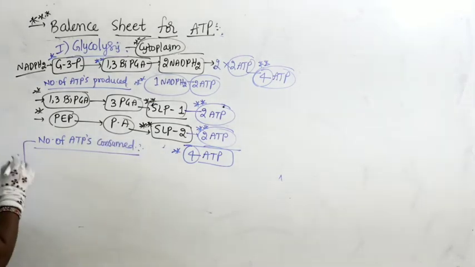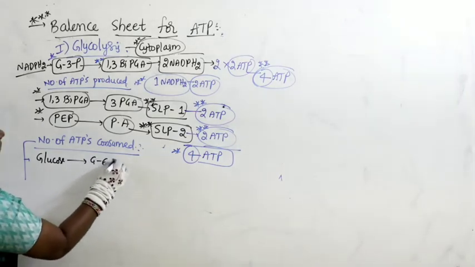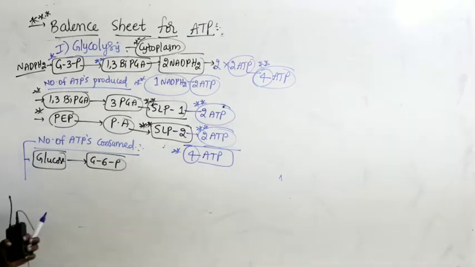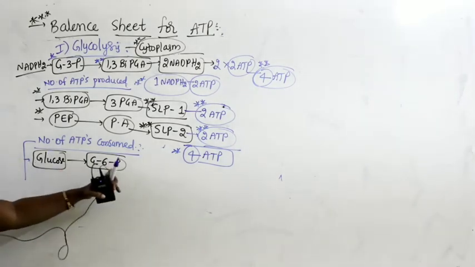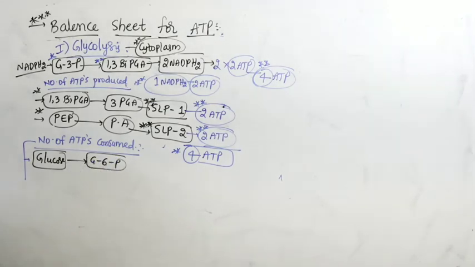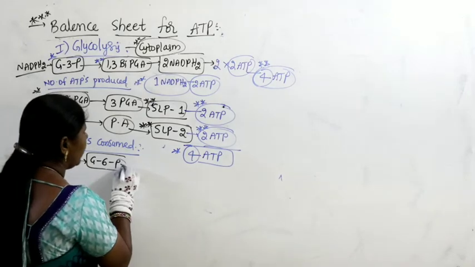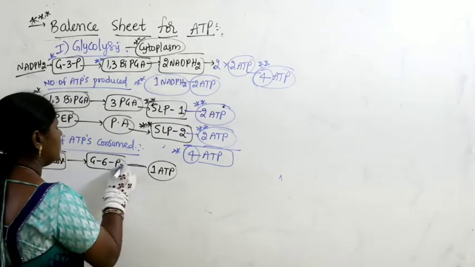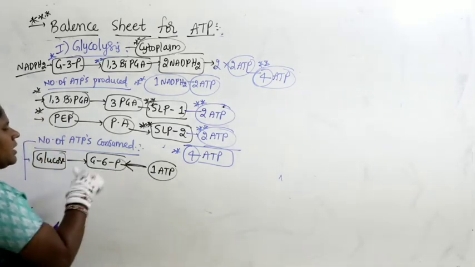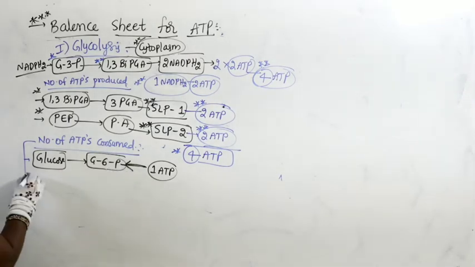So number of ATPs consumed here, if you take the conversion from glucose to glucose 6-phosphate, the very beginning of glycolysis, the phosphorus attached to the 6th carbon is coming from ATP, so 1 ATP is utilized. 1 ATP is consumed. So I am writing an arrow mark towards this side. 1 ATP is consumed. Right?